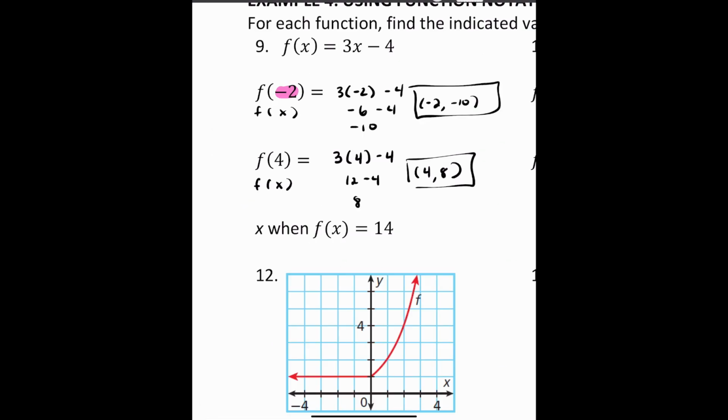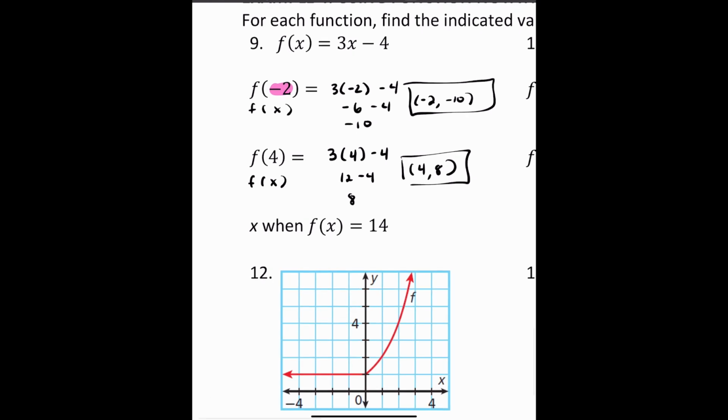Now let's take a look at the last portion of number 9. It says, what is x when f of x is equal to 14? So we know that f of x is 14, and we're using this equation here. So how do I find the value of x when f of x is 14? All I have to do is replace f of x with this number and then solve for x.